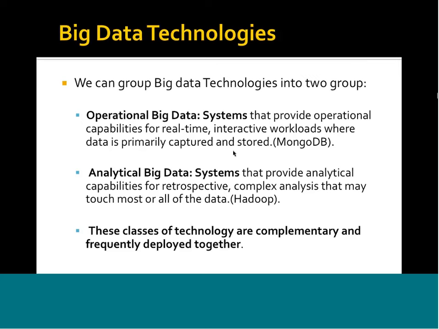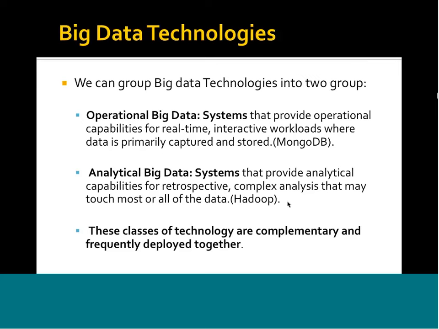So if someone is asking you, is Hadoop enough for big data? You can say no, Hadoop is not enough for big data, because Hadoop takes care of a particular part of big data, and that is analysis. If someone asks, can't we get operational big data capability from Hadoop?